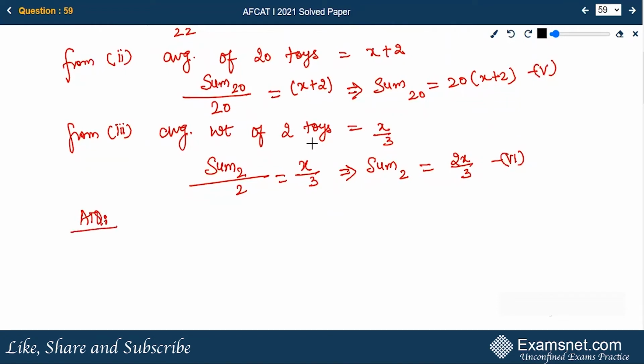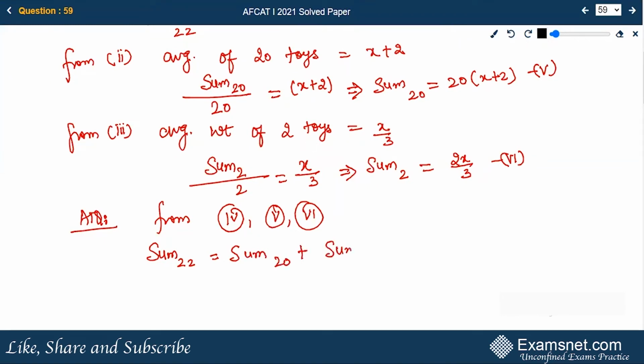According to question, from 4, 5, and 6, sum of weight of 22 toys is equal to sum of weight of 20 toys plus sum of weight of 2 toys, which gives you 22x is equal to 20 into x plus 2 plus 2x upon 3.